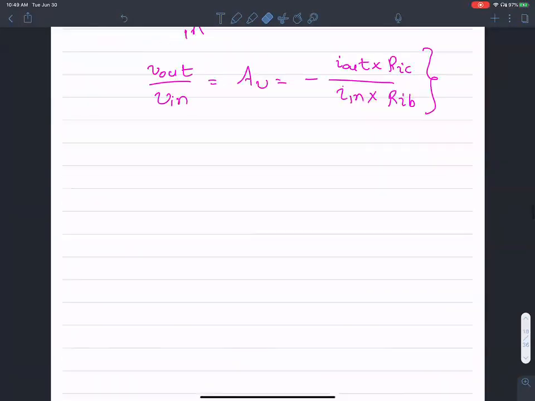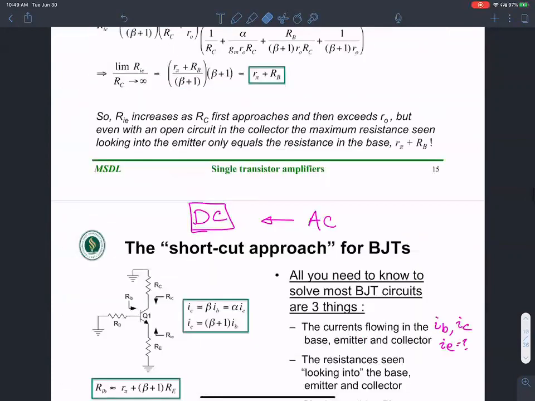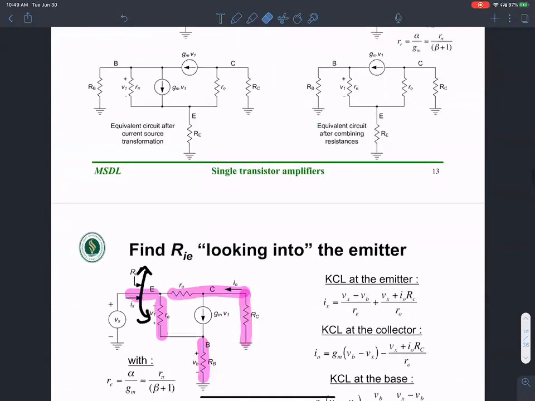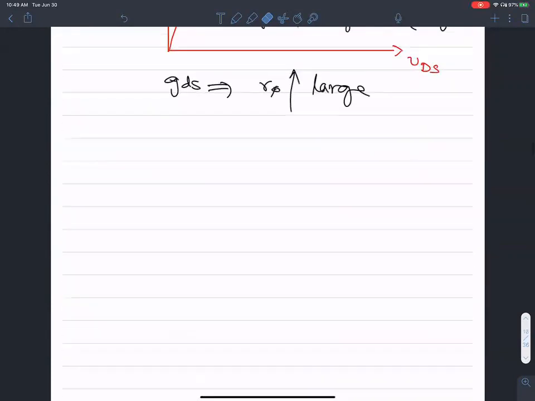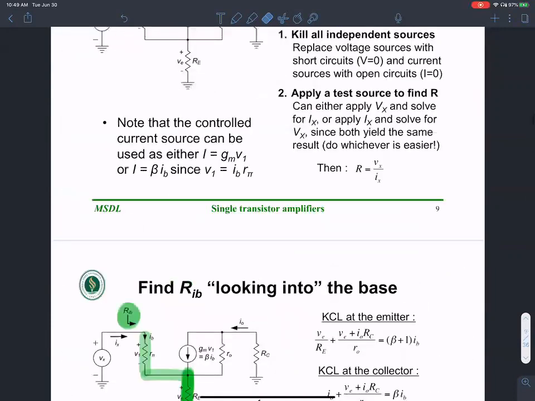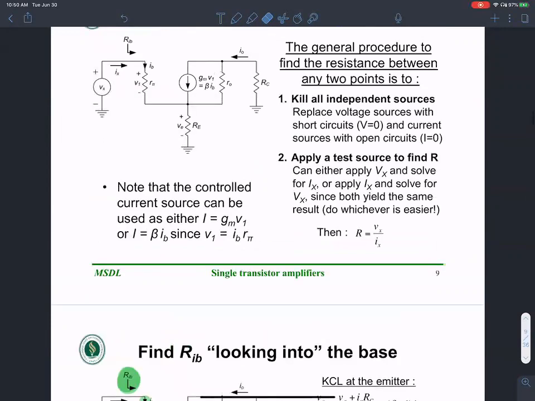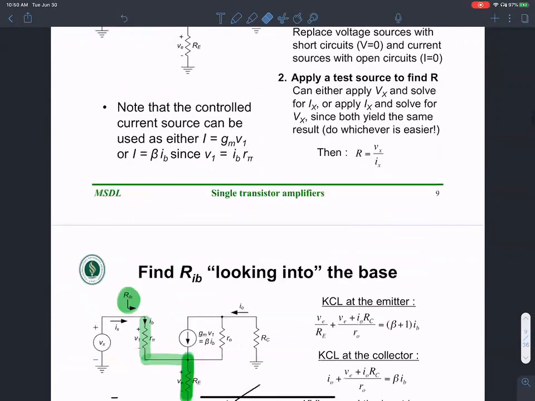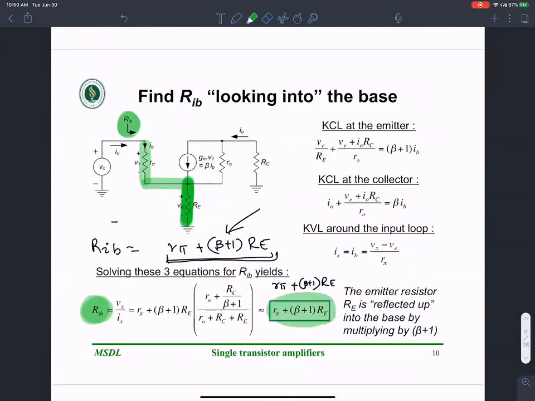Let's quickly go back and find an example of how the resistance looking into the base has been calculated. So far all I did was mention that the RIB value is R pi plus beta plus 1 times RE, right?